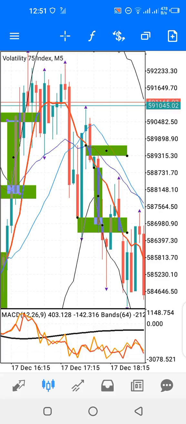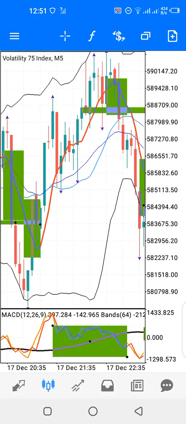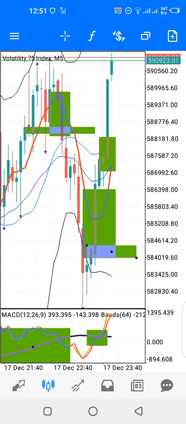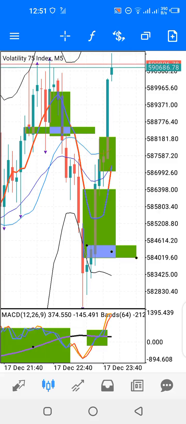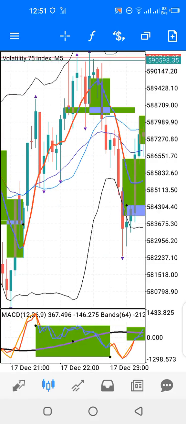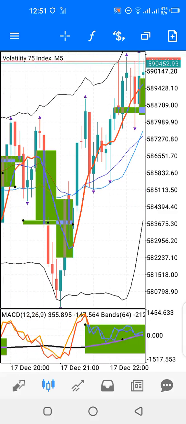Make sure you practice, backtest and demo the strategy before trying it with your real money. That's very, very important. Try it so that you get a grip of how to identify the signals before attempting to trade real money.